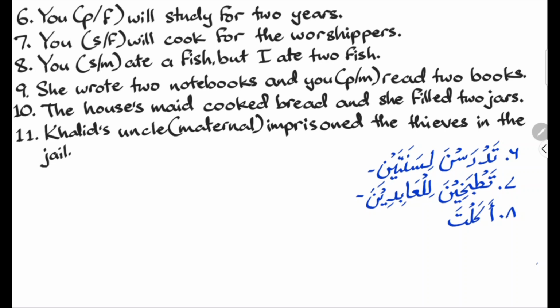Fish in Arabic is samaka. Since it's maf'ul, it is going to get 2 fathas on the last letter. Samakatan. Akalta samakatan, but, which is lakin, I ate. So akala on the wazn of fa'altu, wahid mutakallim, or singular first person, is akaltu.